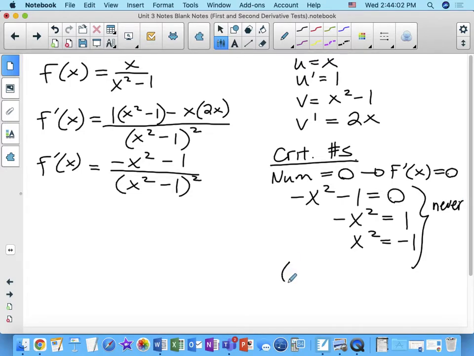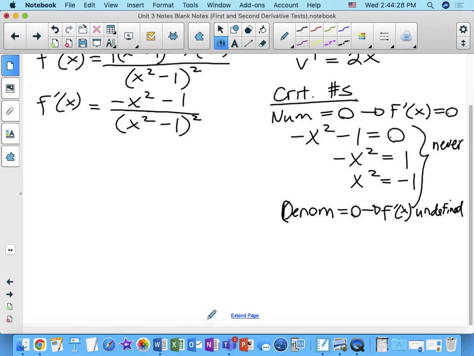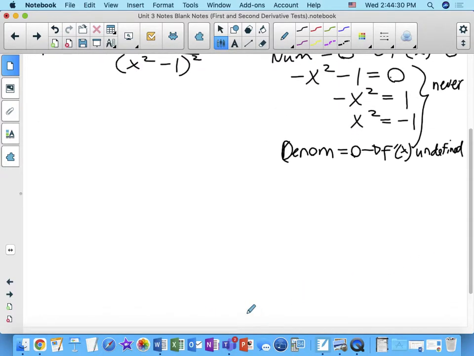So if the denominator equals 0, then f prime of x is undefined. Okay, so that would be the type of critical number that we would have. And either one of these can make the function switch from increasing to decreasing or vice versa.